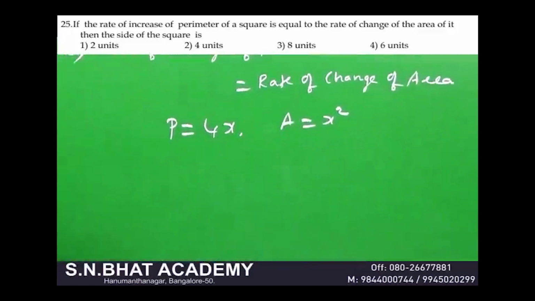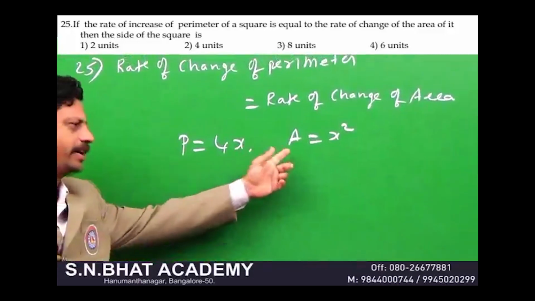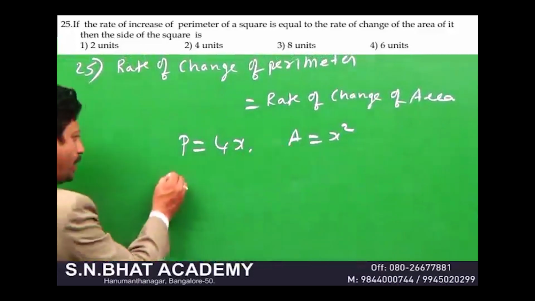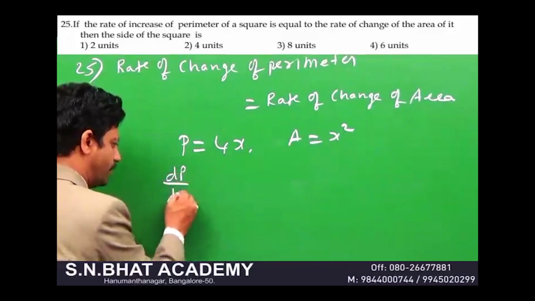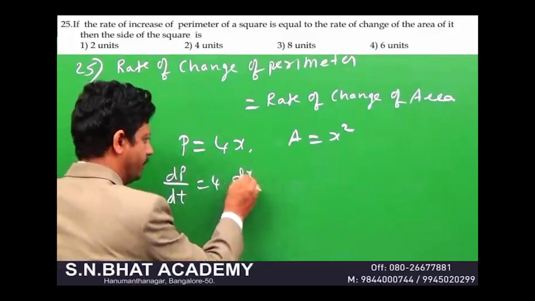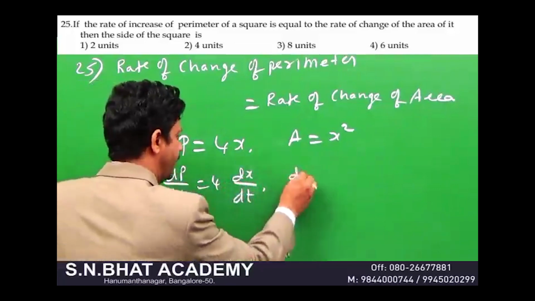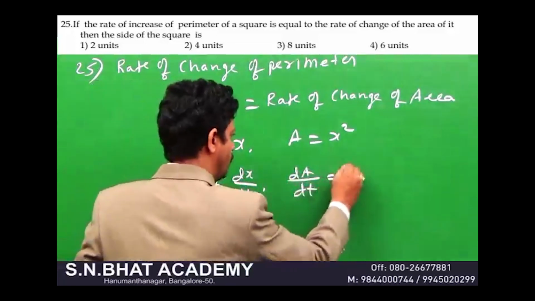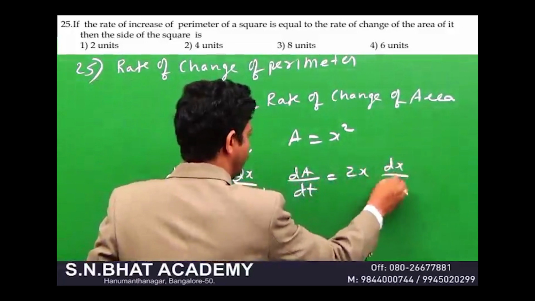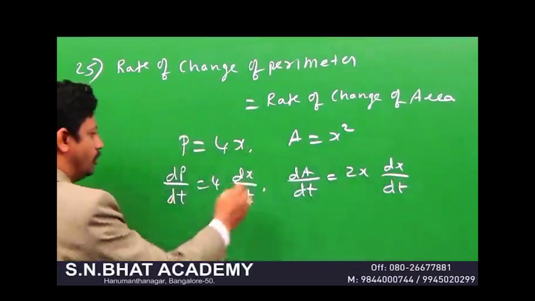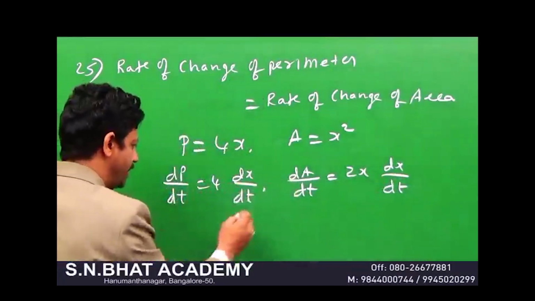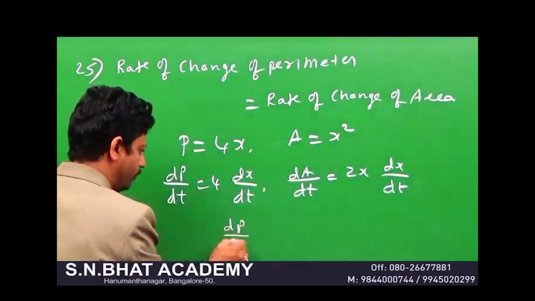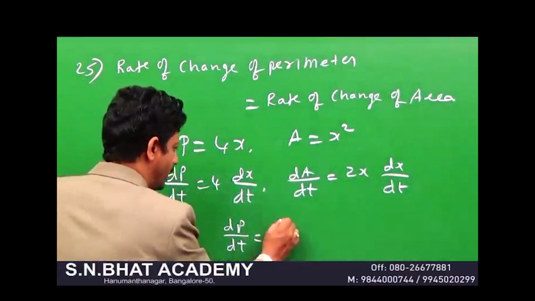If x is the length of each side of the square, then the perimeter is 4x and the area is x square. We have dp by dt equal to 4 times dx by dt, and dA by dt is equal to 2x into dx by dt. Now both dp by dt and dA by dt are equal.